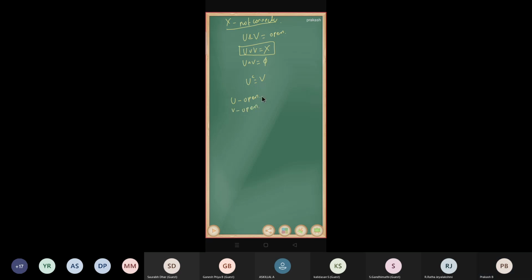U open means U complement is closed, but U complement is B. So we have a set B that is a proper set which is both open and closed, right?